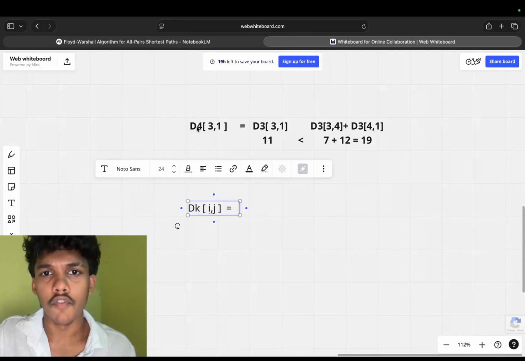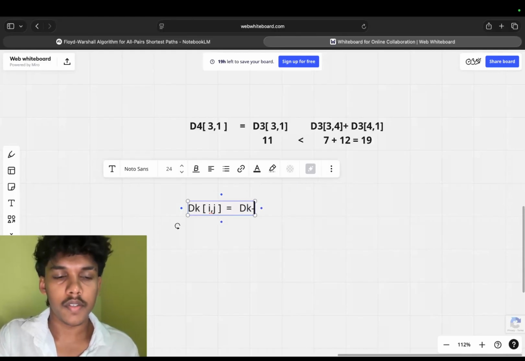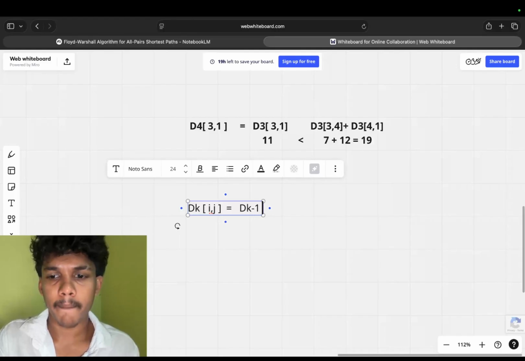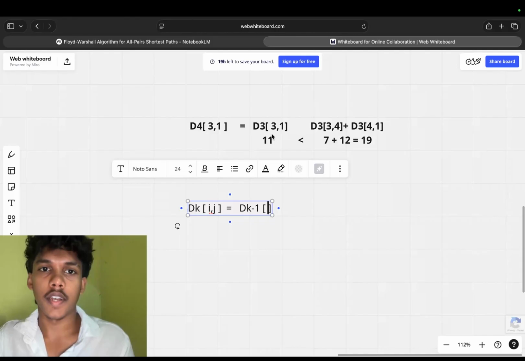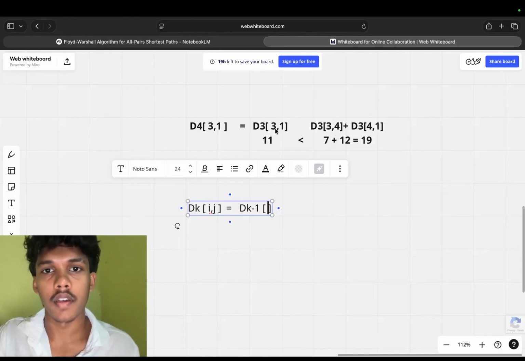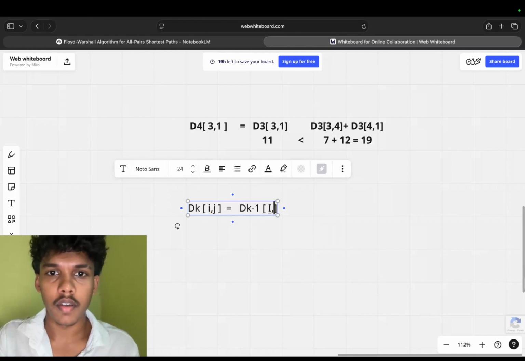Here it's the D4 matrix, here it's the D3 matrix, so D_k will become D_(k-1). Still the values for the positions are the same. Here we have 3 1 and here also we have 3 1, so we will add i, j.